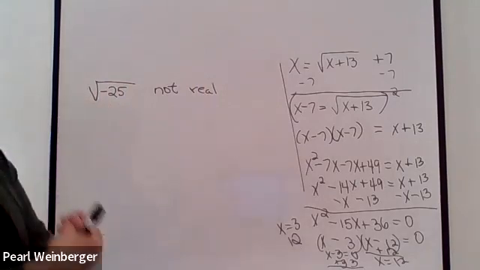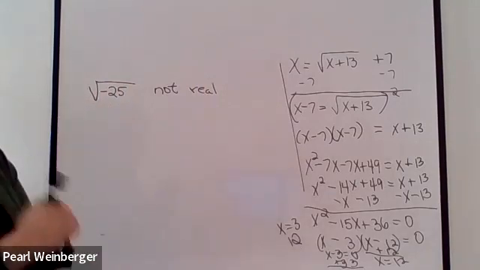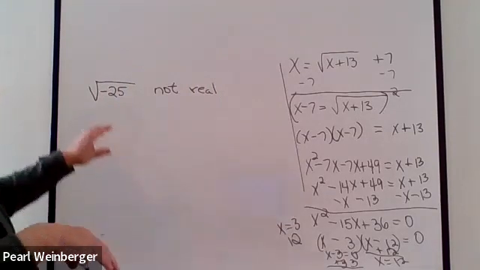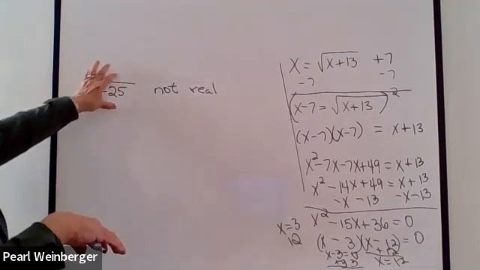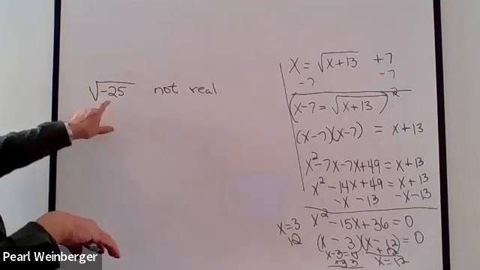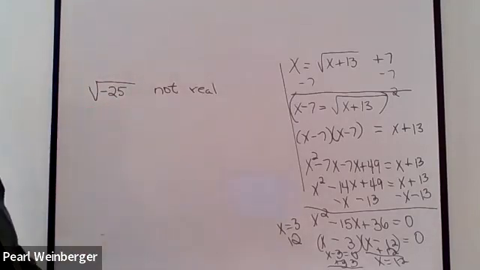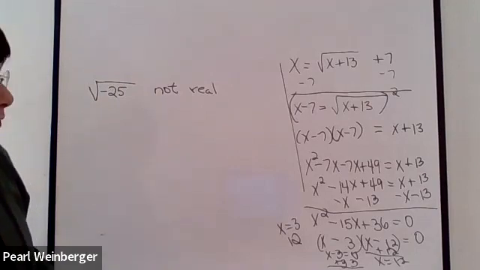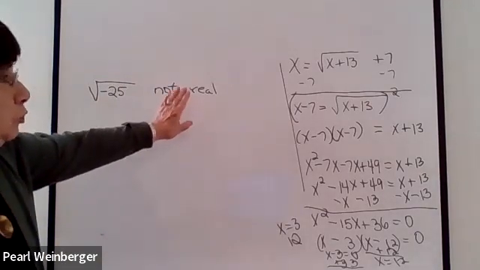But 5 times 5 is +25, and -5 times -5 is also +25. There's no number that when you multiply it by itself will give you a negative answer. The answer will always be positive.